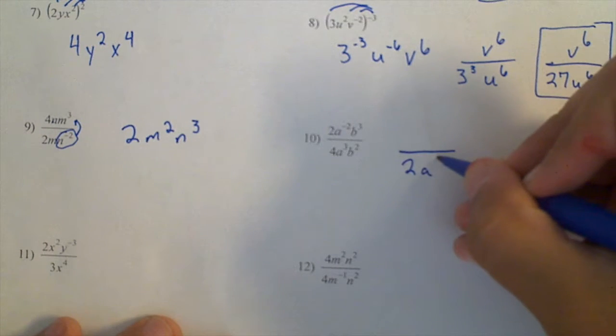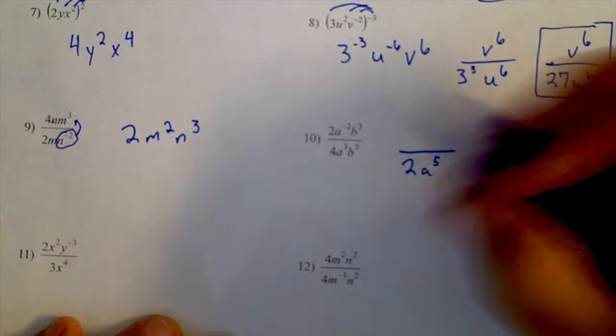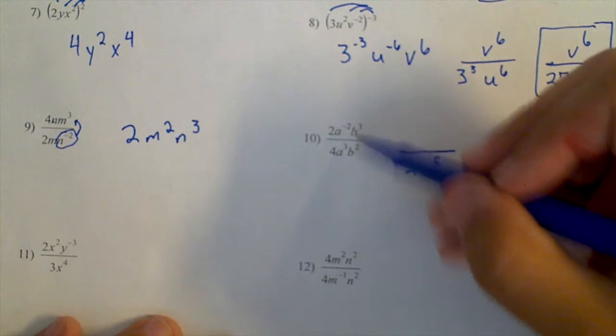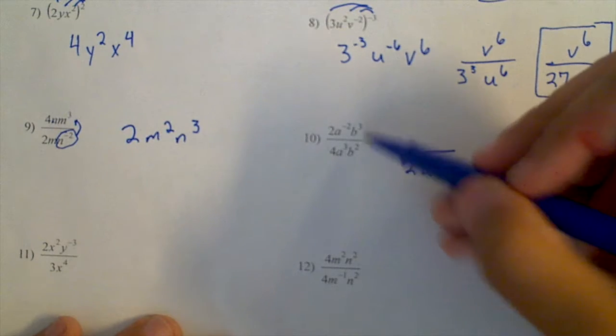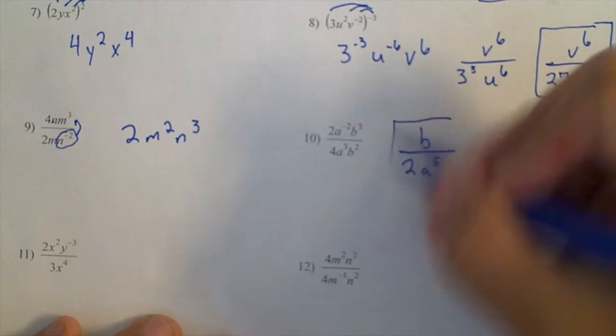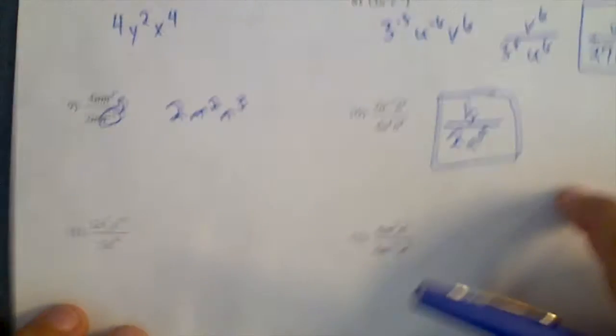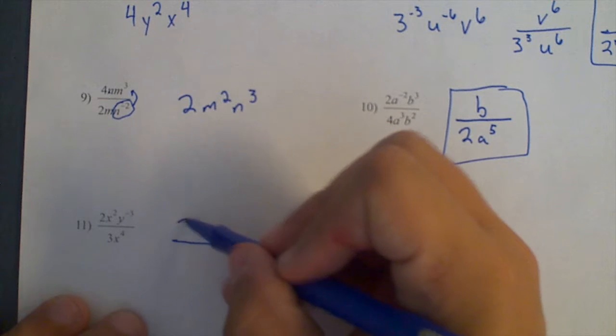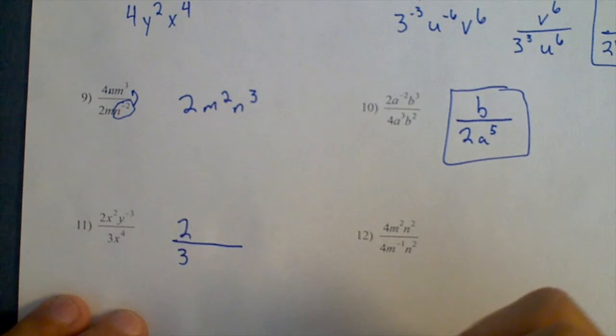So I'll have a to the fifth on bottom. Now, when I look at the b's, they're both positive exponents, so I'll just use my division rule, keep the base, subtract the exponents. 3 minus 2 is 1, so I just have b on top.